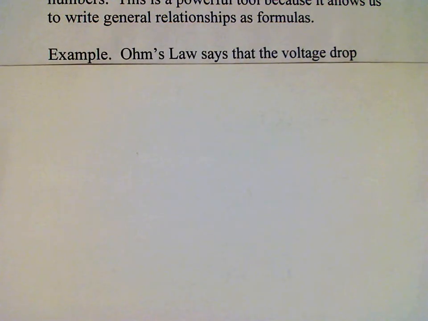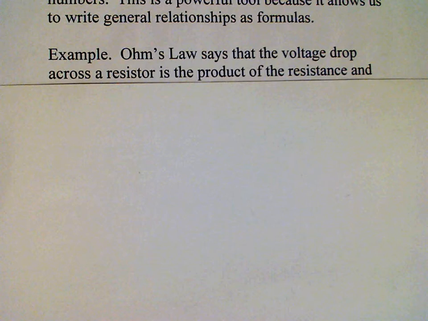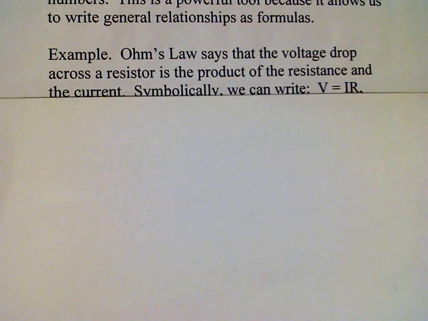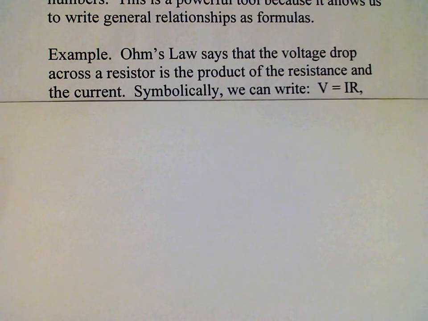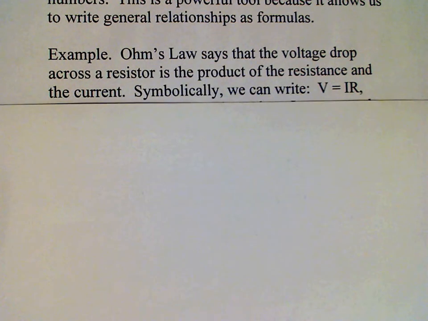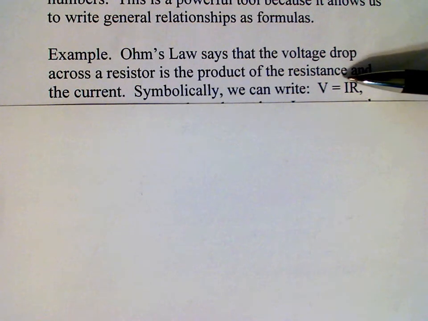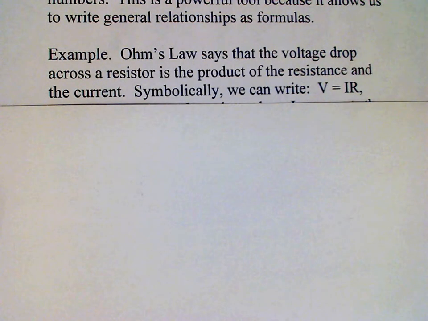So, for example, Ohm's law says that the voltage drop across a resistor is equal to the product of the resistance and the current. And so, rather than writing out all these words each time, we can just summarize this bit of information in a formula: V equals IR.